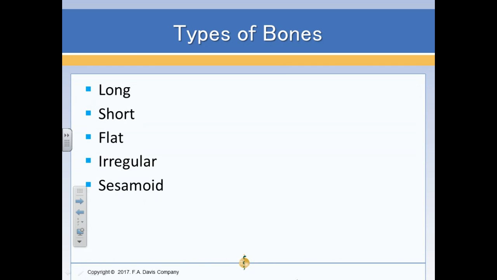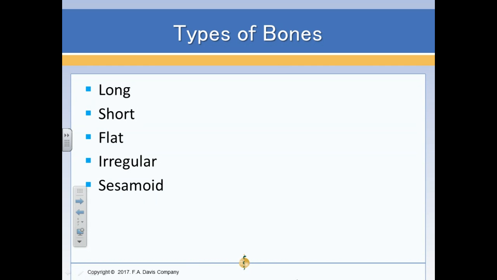And then the flat bones have a really broad surface area, but they're not real thick. Your scapula is a flat bone.